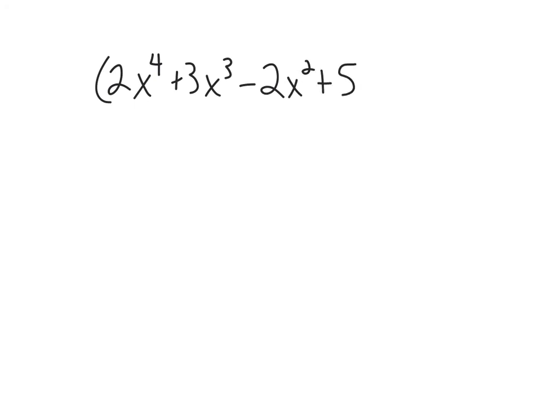So one problem I want to look at with you that's not in your book here, just to give you an example of something else you could see, is let's say we've got 2x to the 4th plus 3x cubed minus 2x squared plus 5x minus 4, and that's being divided by x squared minus 5.